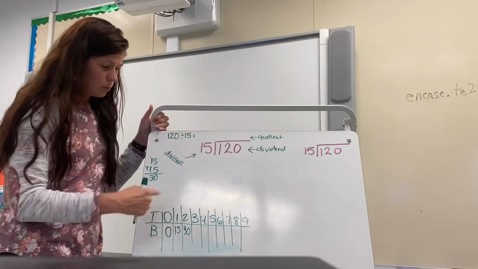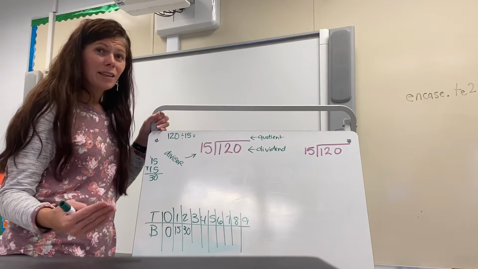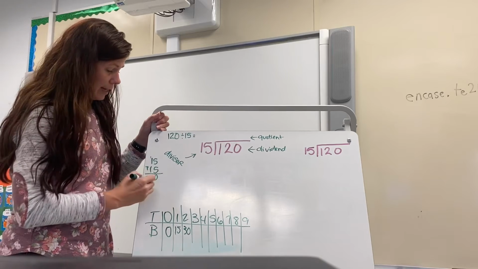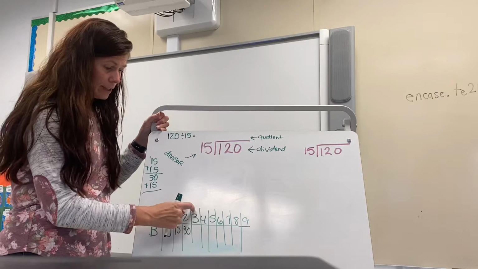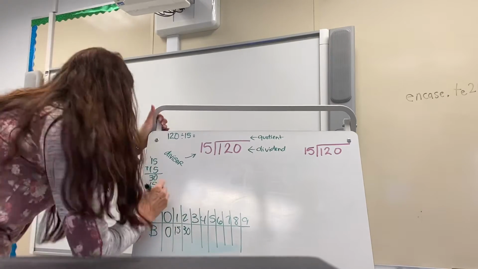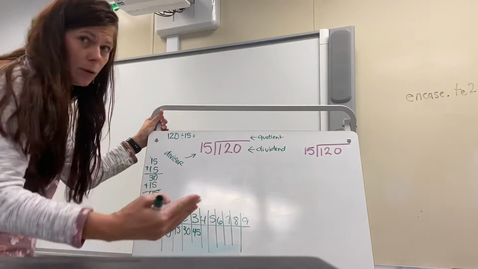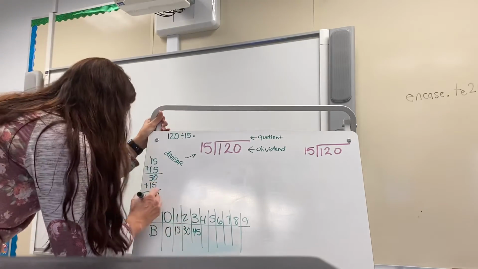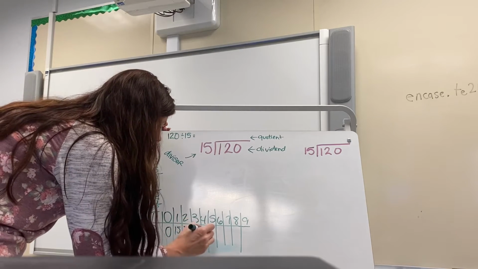Multiplication is what we're doing here to fill this chart in, but another way you can do it is repeated addition. So I can add another 15. That means I have 3 15s listed and get 45. And I keep going until I fill my chart in. So add 15 and get 60.